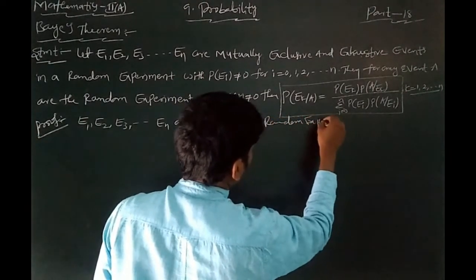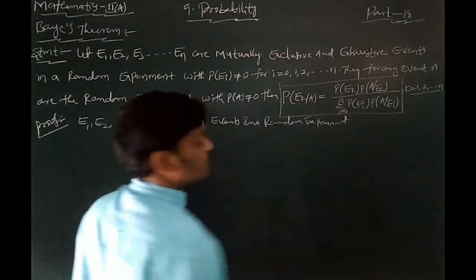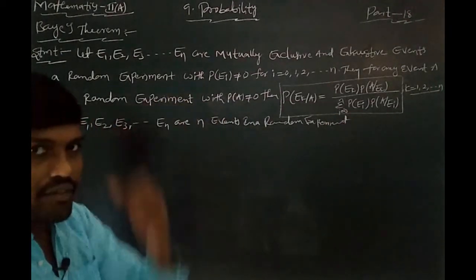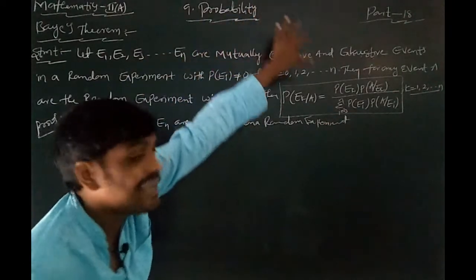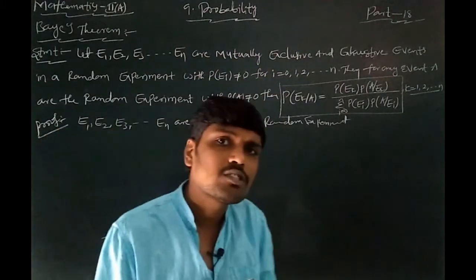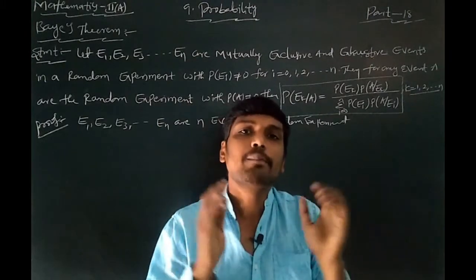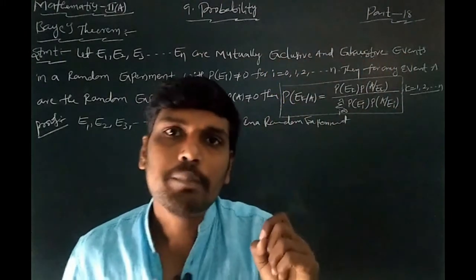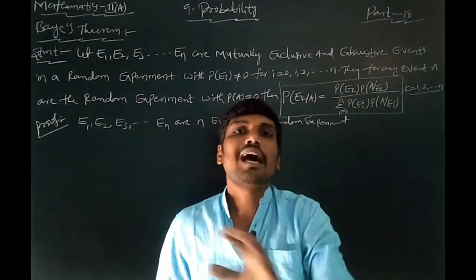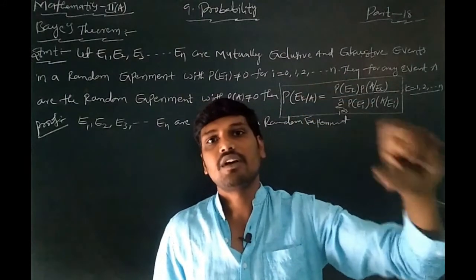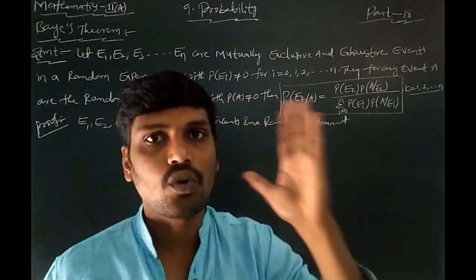Random experiment. In this random experiment, these are the n events. These n events are mutually exclusive. What is the meaning of mutually exclusive? The events have no common element. If we take any 2 events, those 2 events have no common elements. That is why they are called mutually exclusive events.